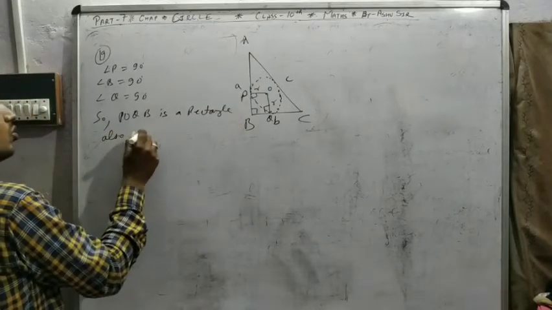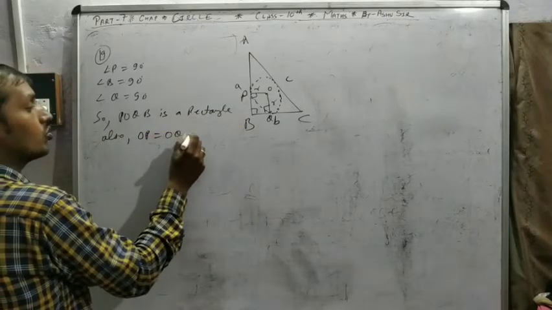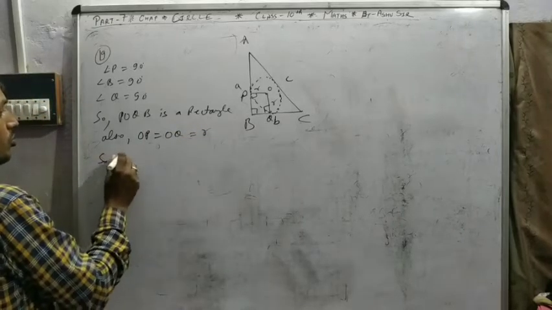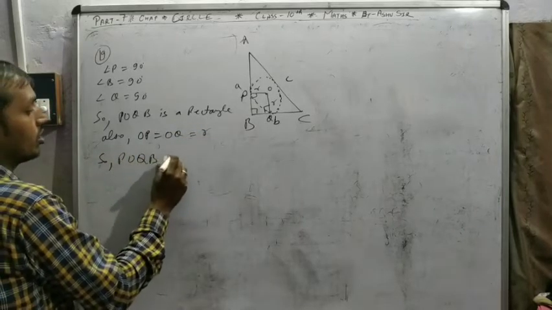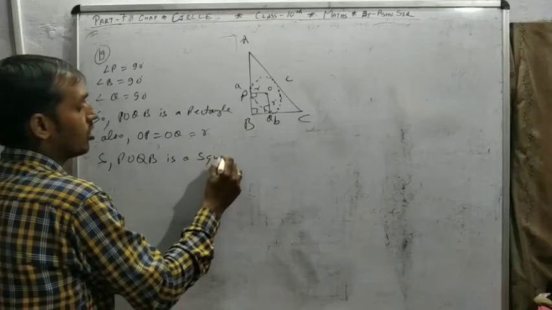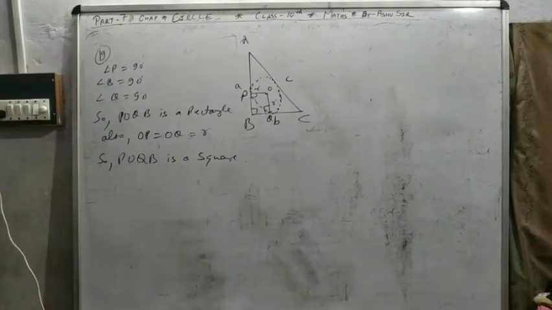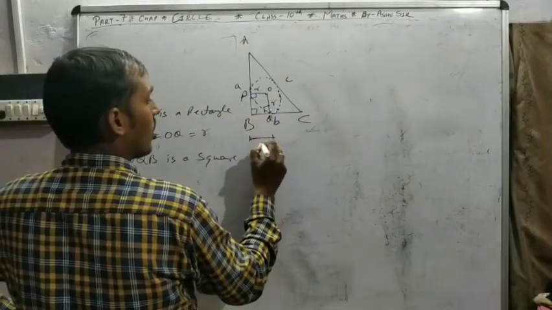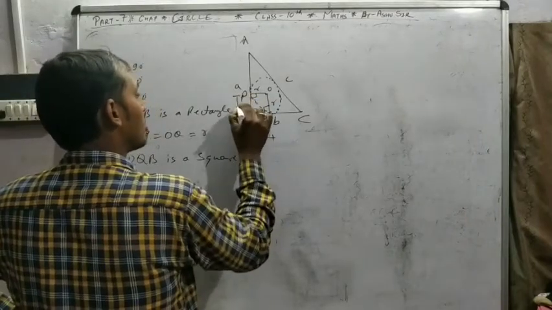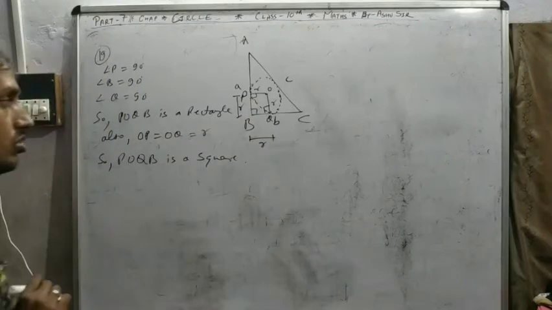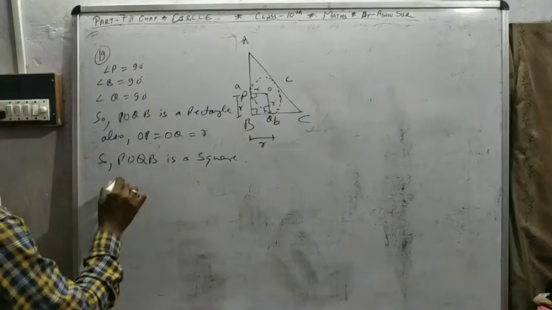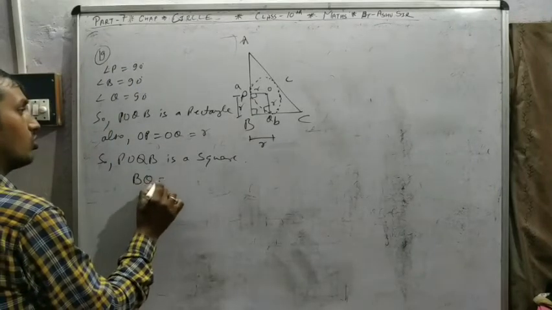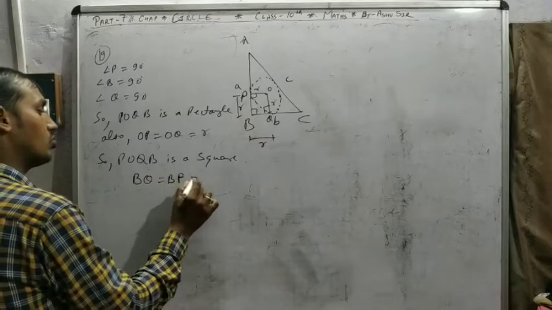Also OP is equal to OQ, radius. So POQB is a square. Or directly you can say this is R, this is R, which means BQ is equal to BP is equal to R.